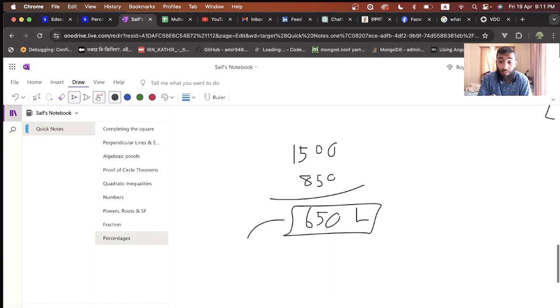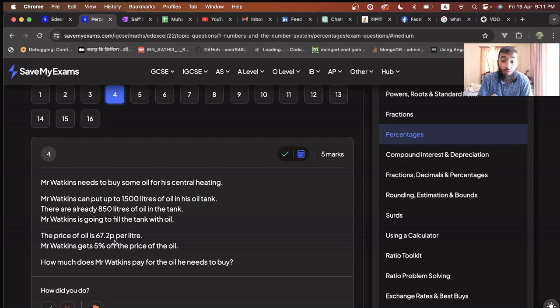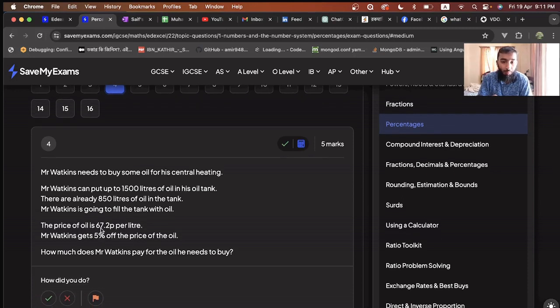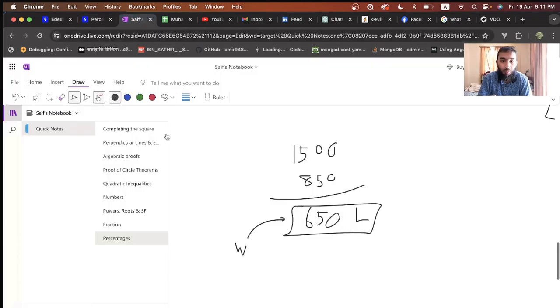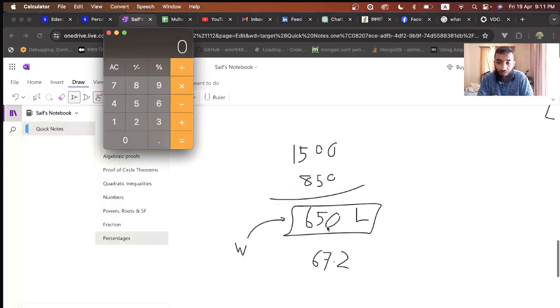So that is what Mr. Watkins needs to buy. If Mr. Watkins needs to buy 650 liters and the per liter cost is 67.2 pence, I use my calculator and multiply 67.2 by 650.